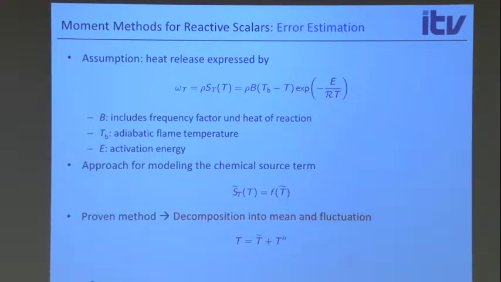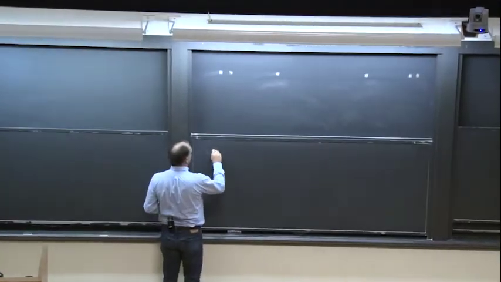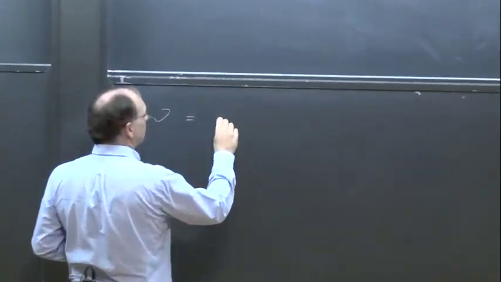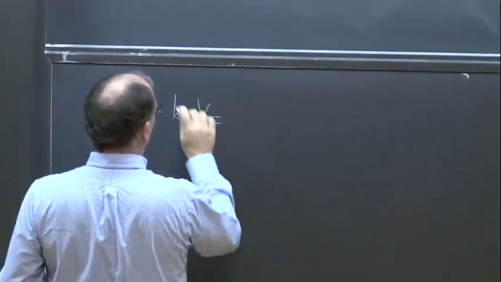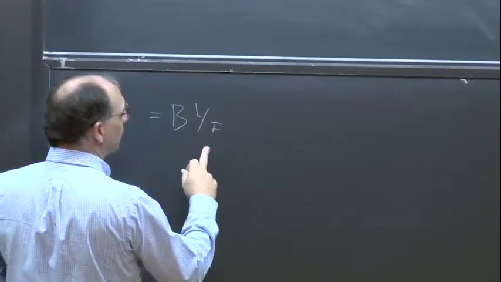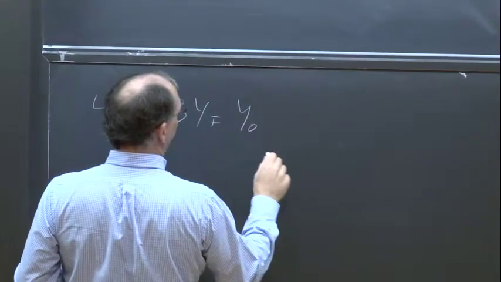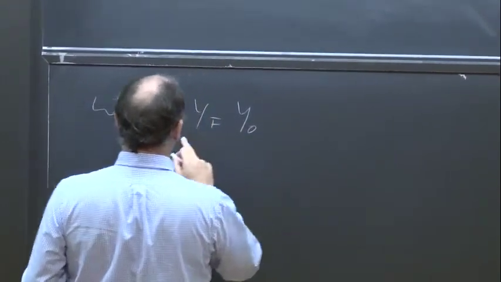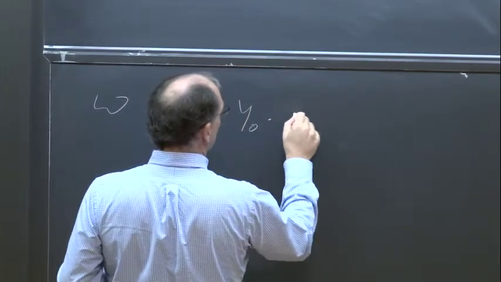So how does this look? We said for a one-step global chemistry, the source term looks like Y fuel, let's say B, the pre-exponential factor, times Y_F times Y_O times a coefficient. I don't care about this.